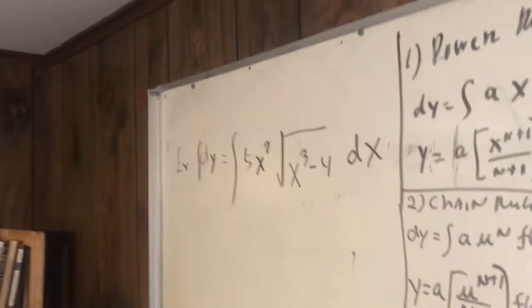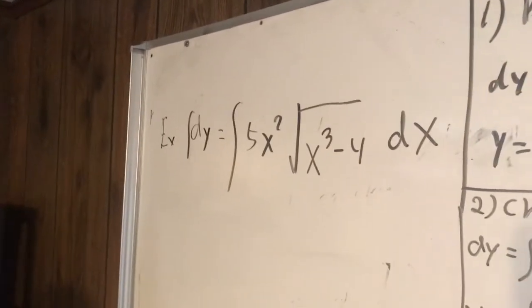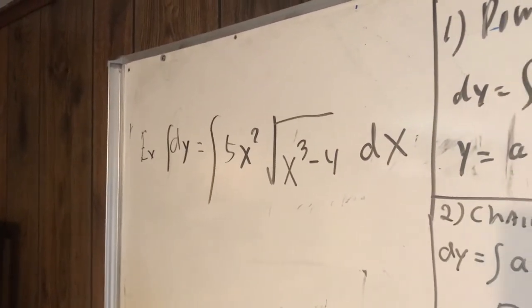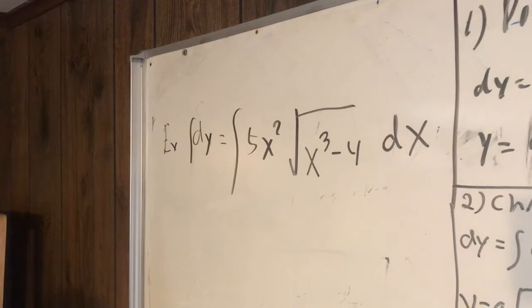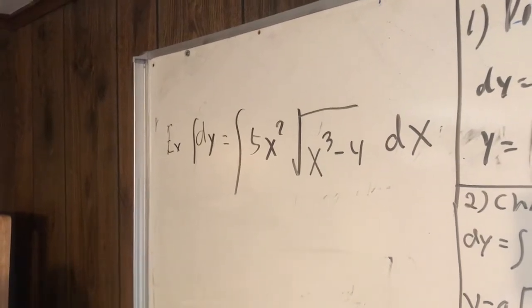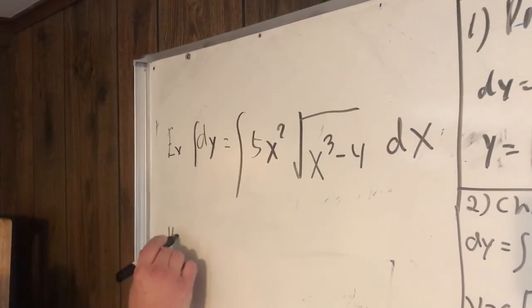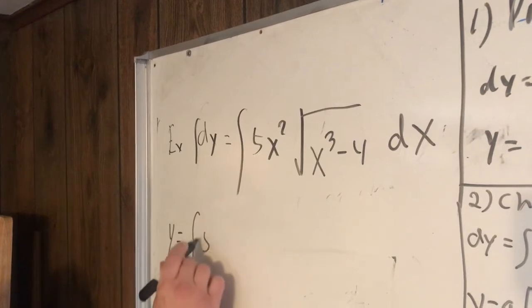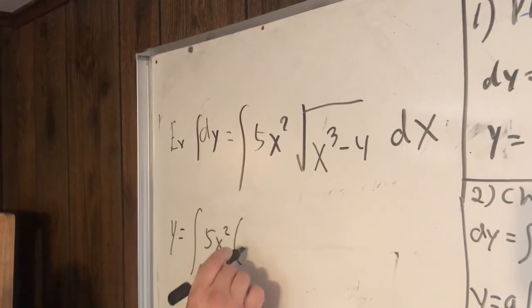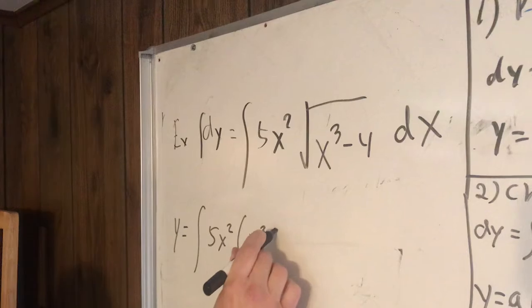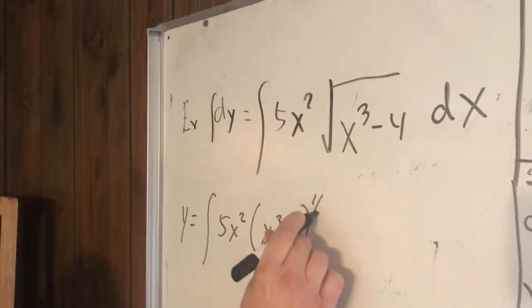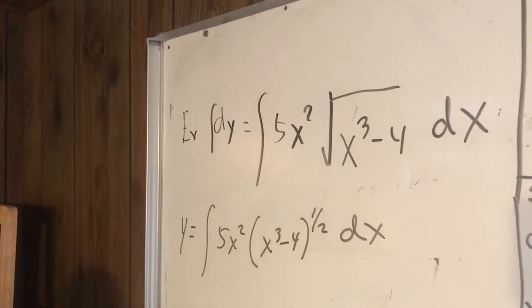Okay, so now we have a square root in here, so we know whenever we get roots, we have to change them to exponents. So let's alter this. We know that's going to be y equals the integral of 5x squared times (x cubed minus 4) to the 1/2 dx.